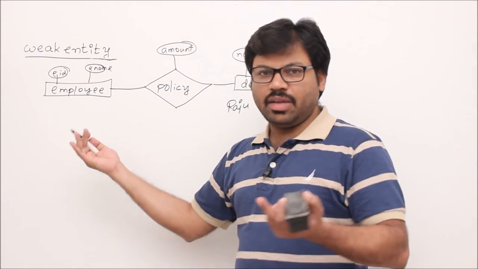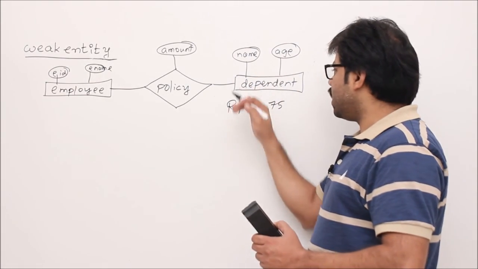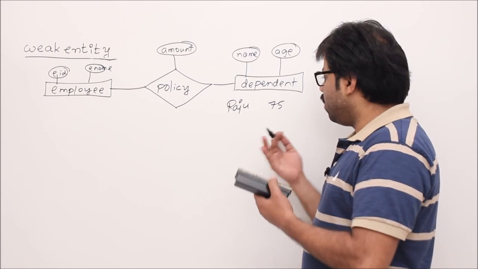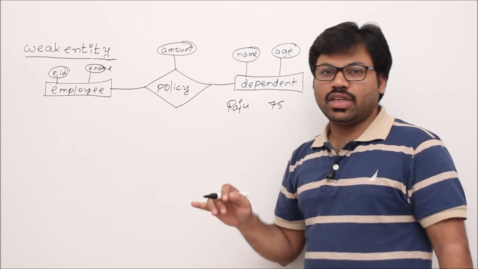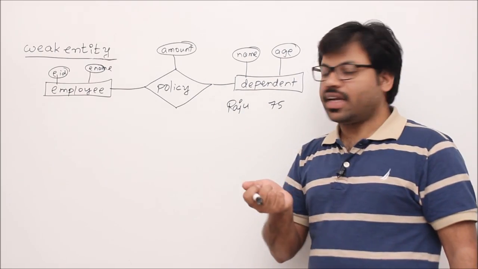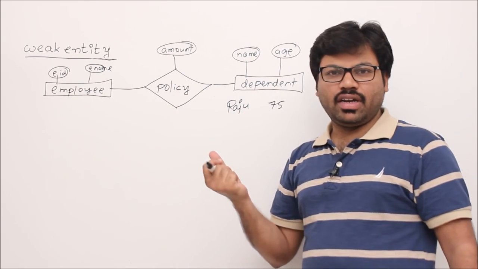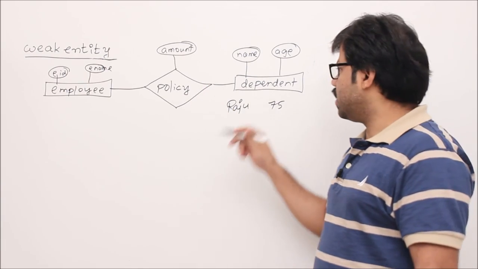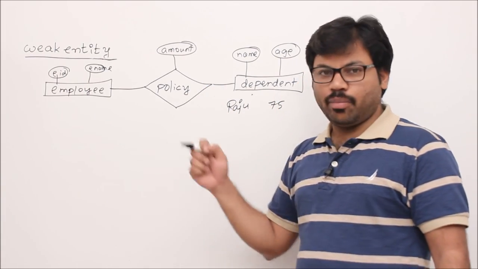So it is an independent entity. We never ask this kind of question. But here, for the dependent, we are asking: Raju, 75, is a dependent, but dependent of whom? One particular employee. That's why remember one thing: usually weak entities cannot exist without that strong entity. There is no meaning to a dependent if there is no employee, correct? Who is paying the policy? That's why we say that this is a weak entity. Its existence depends on the employee.